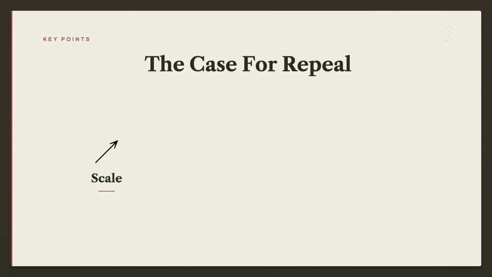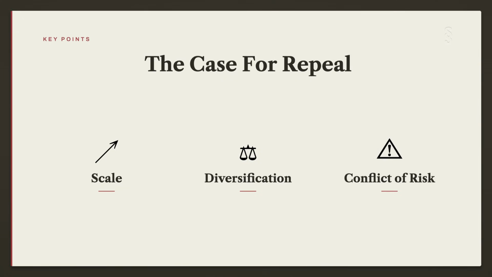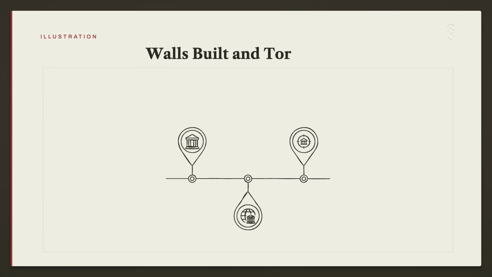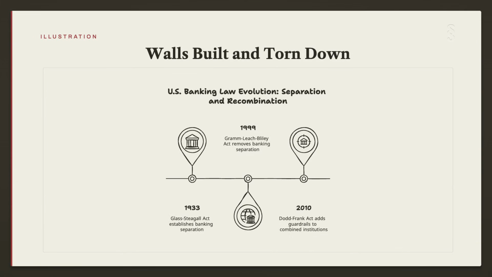The case for change rested on scale, competing globally against universal banks, and diversification, the idea that varied revenue streams are more stable. The case against warned this would recreate the very conflict Glass-Steagall was meant to prevent, mixing insured deposits with market risk. The direction of travel is what keeps these three laws straight.